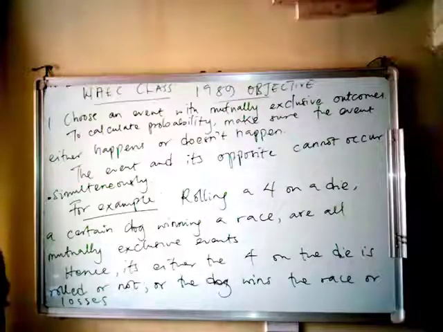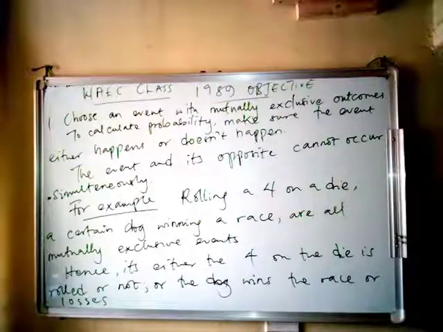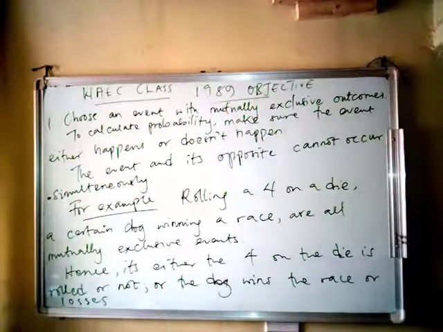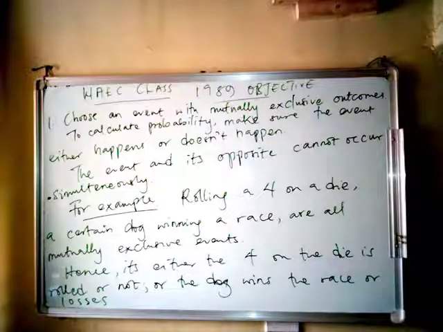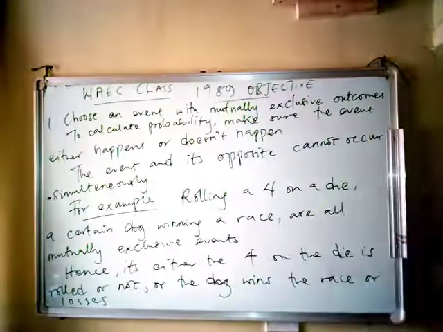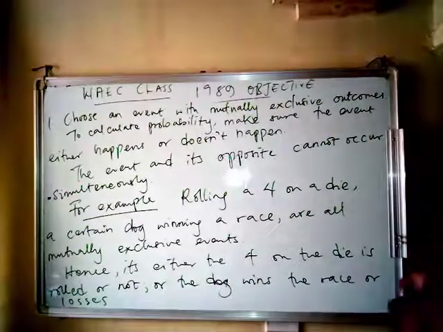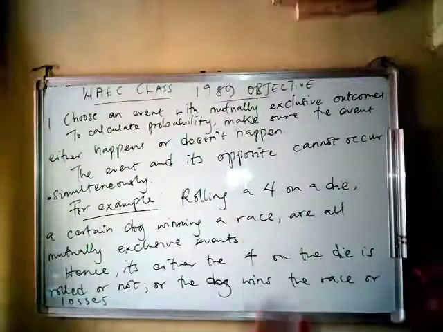No other thing. No God, nothing whatsoever. So it's exclusive to Him. So mutually, even when other outcomes are there, at that particular moment in time, you could only have it. So that's what mutually exclusive outcome means.